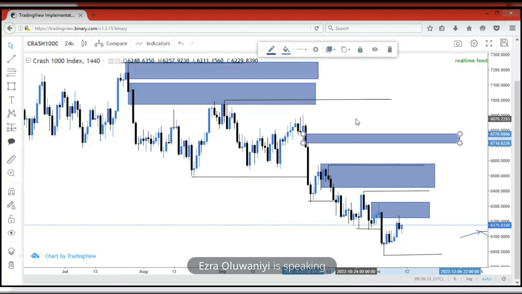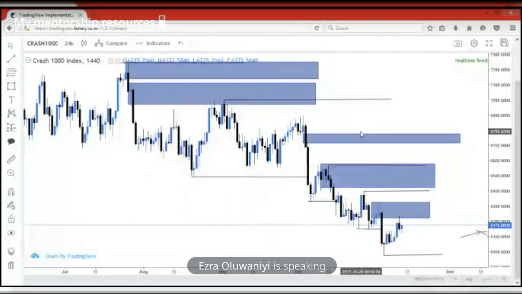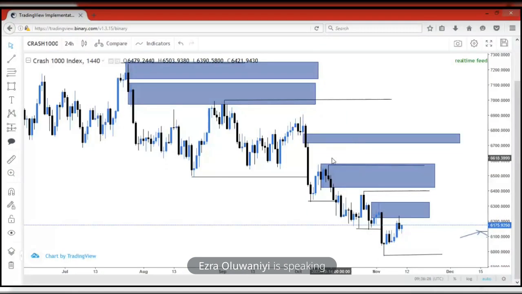So price seeks to fill fair value gaps, that's FVG, imbalances, IPA, insufficient price action. And then price looks to clear liquidity. So price is either clearing internal liquidity or clearing external liquidity. Those are the basic ones I use.